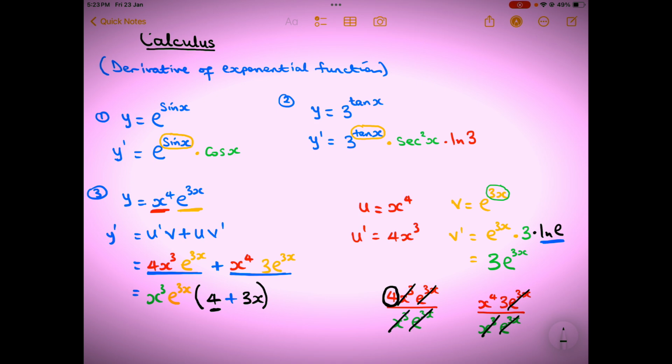So it will be remaining only 1x, because x to the power of 4 means x multiplied by x multiplied by x multiplied by x. When you divide all this by x to the power of 3, it will be remaining only x. So when I multiply this by the 3, the answer we get is 3x. That is why we have this 3x also joining the 4 inside the bracket, as you see.